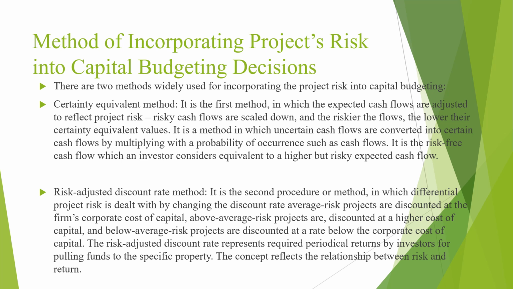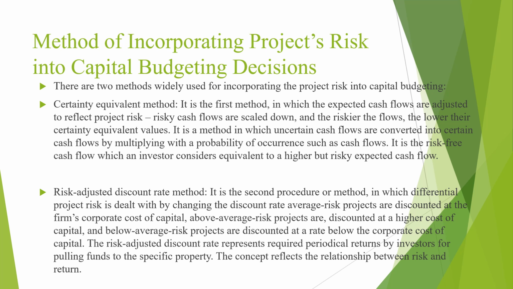And secondly, we have the risk-adjusted discount rate method. It is the second common method used in incorporating project risk into capital budgeting. So what it does is that it is the second procedure or method in which differential project risk is dealt with by changing the discount rate.